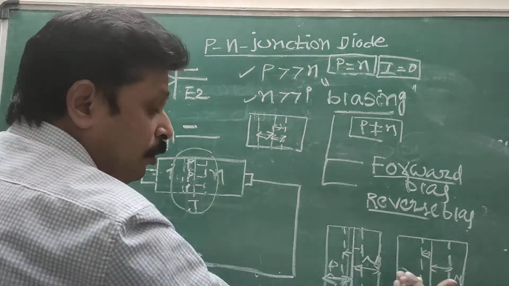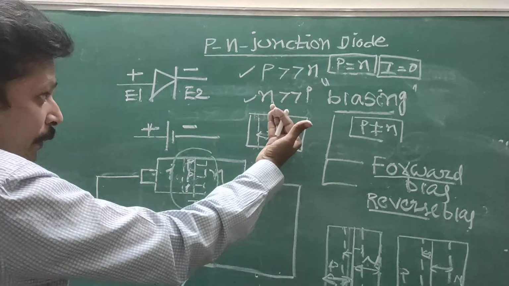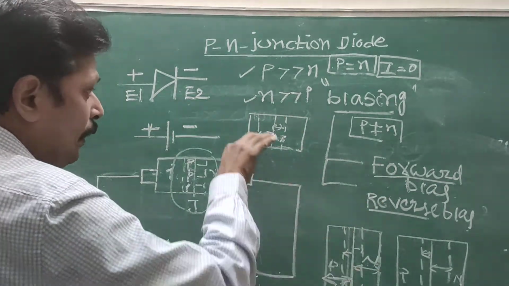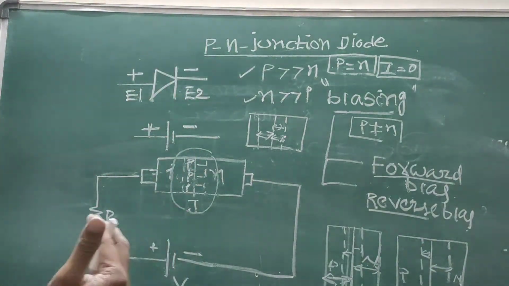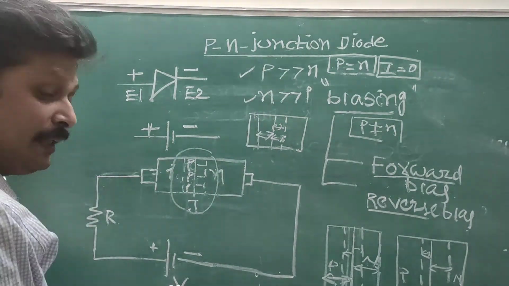If the supply is applied on the N side, it penetrates more towards the P side. P side is more, N side is less; compared to the earlier case, P side is less, N side is more. Due to this adjustment, the flow of current can be regulated in the semiconductor by using external voltage.